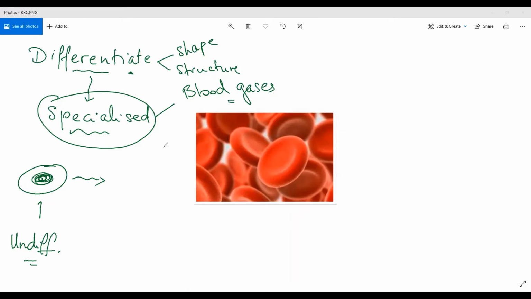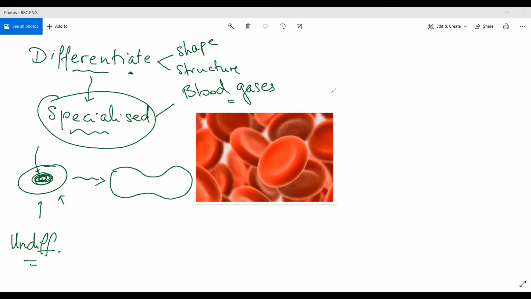But how are they specialized? They are going to lose their nucleus. So at the beginning, they look like this. And when they lose the nucleus, the part at which the nucleus was found is going to collapse, like this.